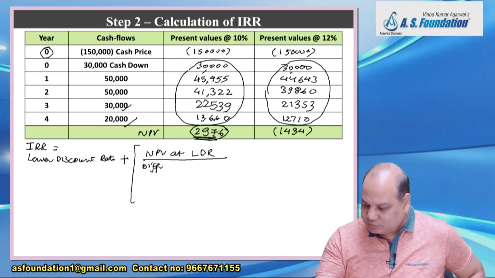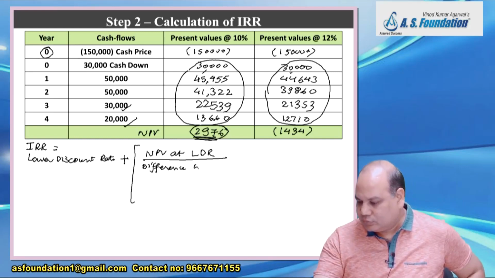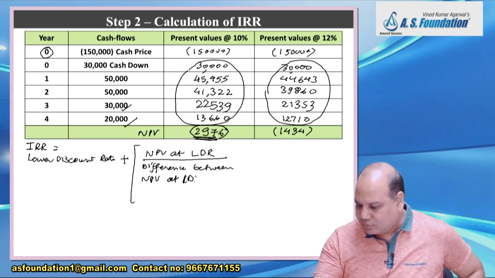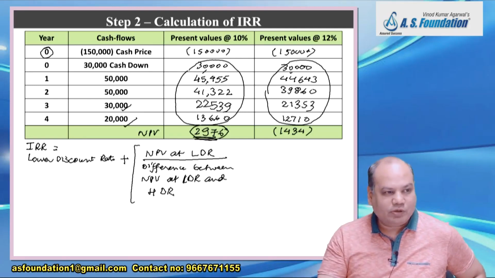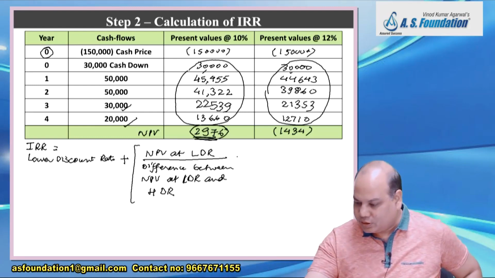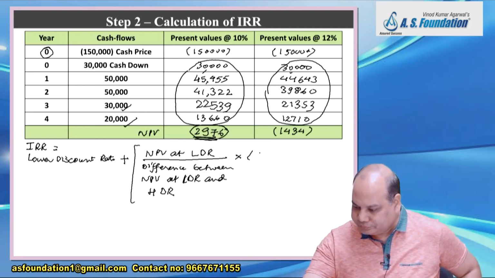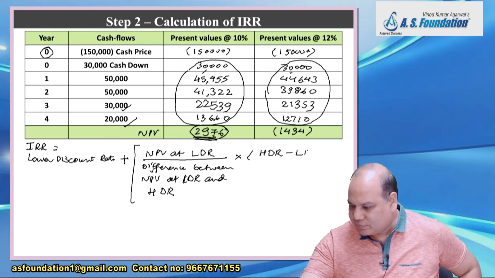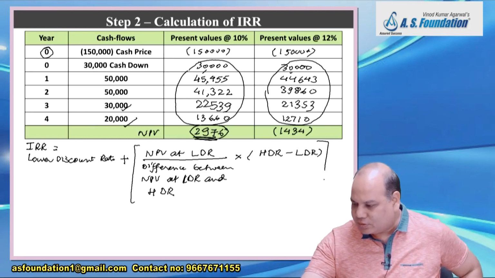difference between NPV at lower discount rate and higher discount rate into HDR minus LDR.